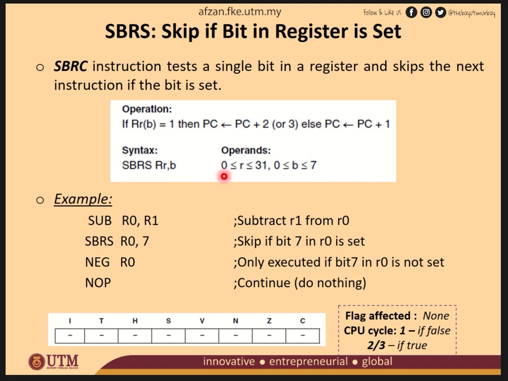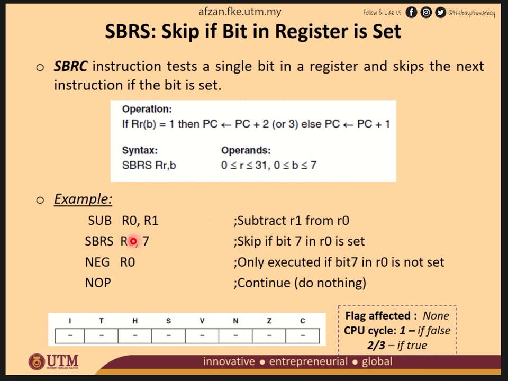Your Rr can be from R0 to R31, while b is your bit location from bit 0 to bit 7. If the bit that you want to check is 1, then you skip the next instruction. If not, then you do the following instruction.